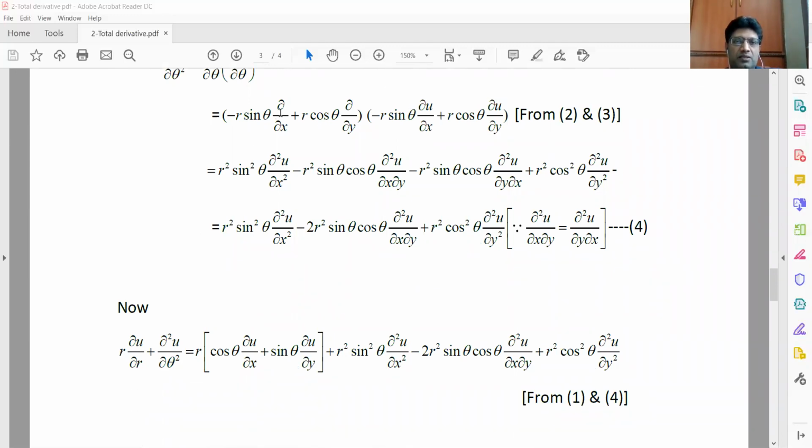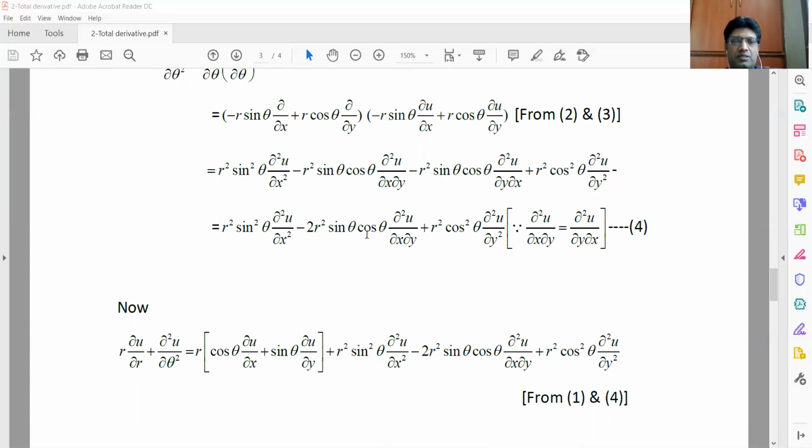Minus r sin θ into this, minus into minus plus r into r² sin θ into sin θ, sin²θ. ∂/∂x of ∂u/∂x is ∂²u/∂x². In a similar way, if you multiply, you will get these 4 terms. So now if you simplify this, r² sin²θ ∂²u/∂x². So this becomes minus 2r² plus r² cos²θ ∂²u/∂y². Because these two are the same mixed derivatives, we got this one.